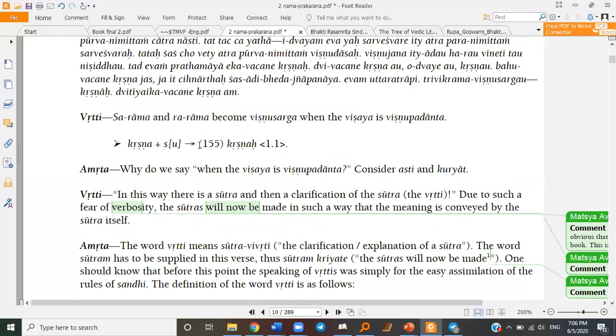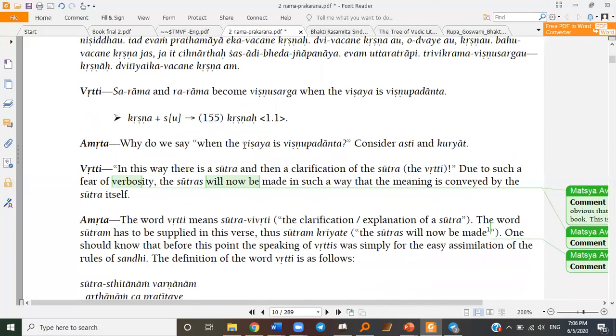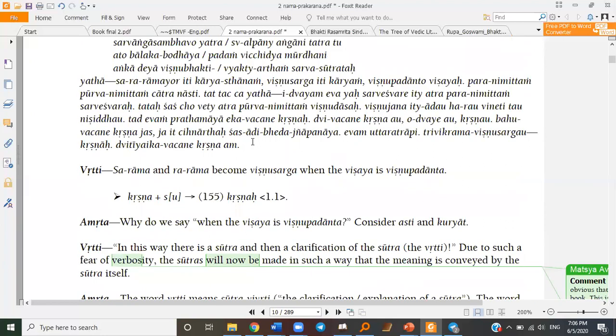That Krishna Su, they applied such and such sutra, and then such form is made. Even when Ra Rama is there at the end of Vishnu Pada, then Ra also becomes Vishnu Sarga, and we'll see such an example ahead.